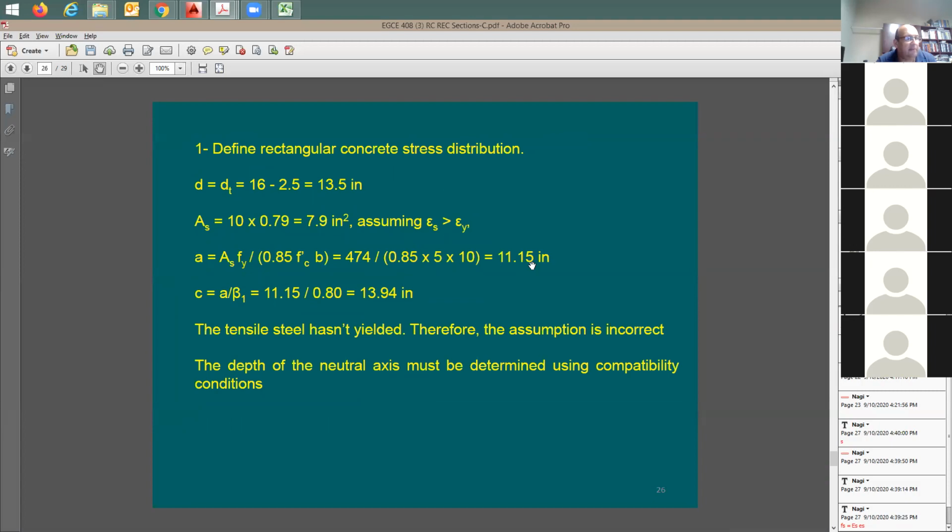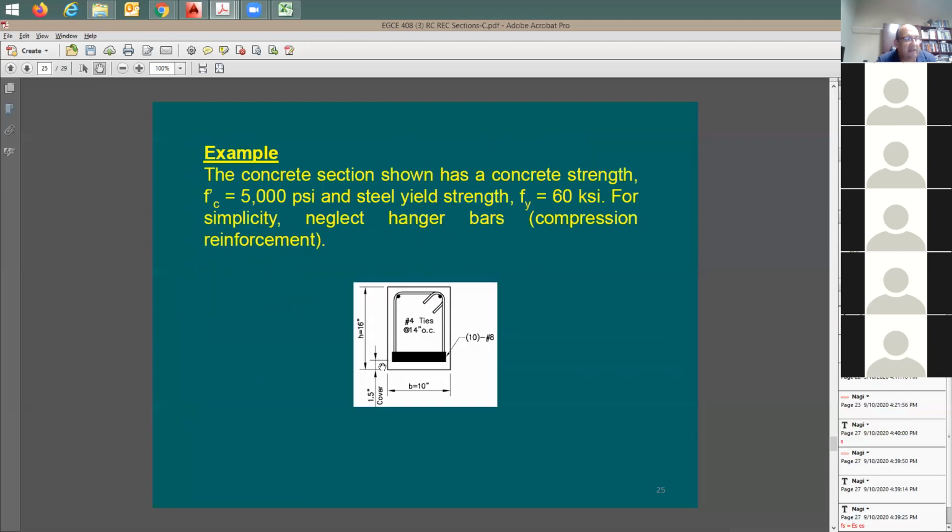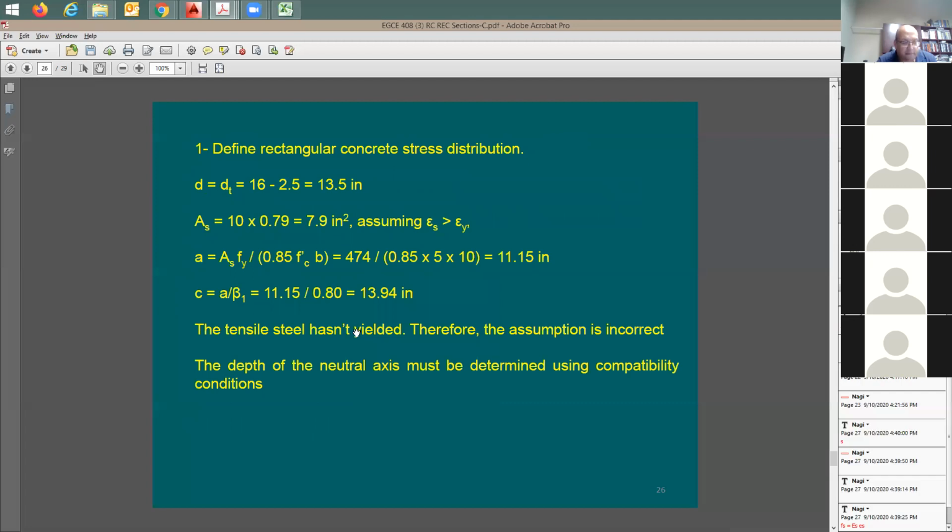It's just 11.15 inches, and the neutral axis depth c is going to be 13.9 inches, which means it is more than d, the depth d. It doesn't work this way. So there is no way that the a is going to be there. That's why we had to solve it the second way, because our assumption in the beginning was incorrect.